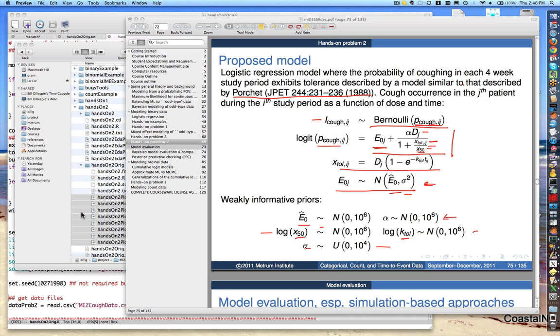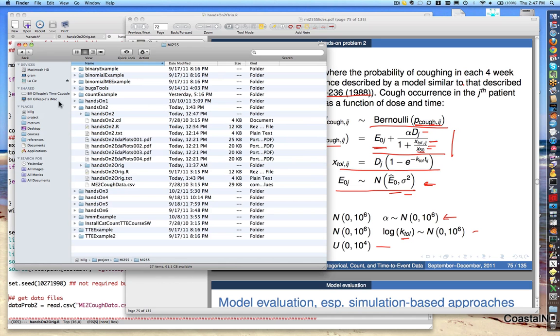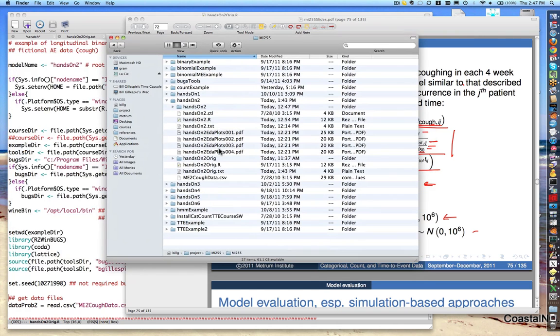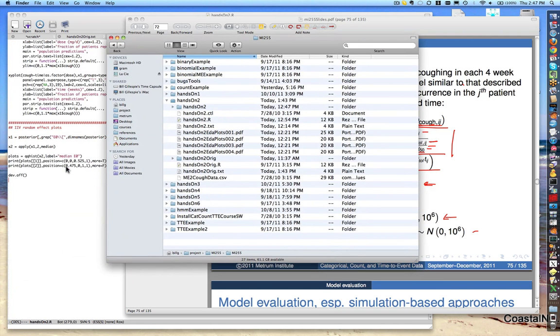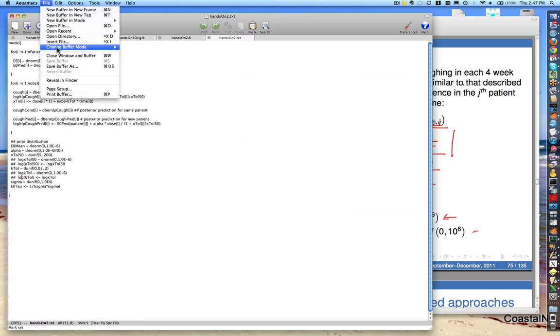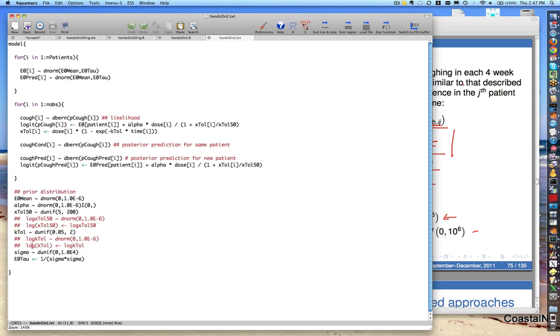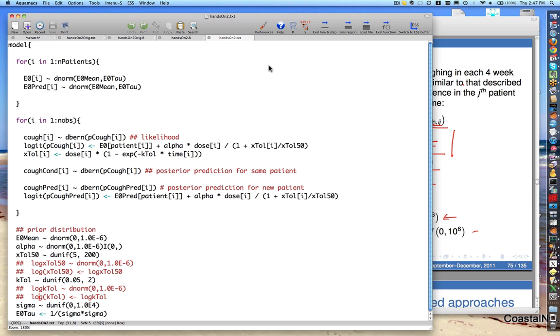Let's go ahead and close that. Let me open up a revised version of this. Again, we'll open up both the model and the R script. Okay, so in the model, the top part of the model is unchanged.